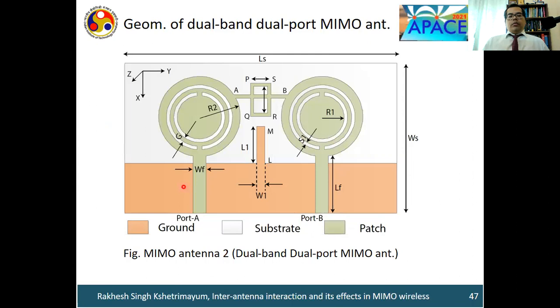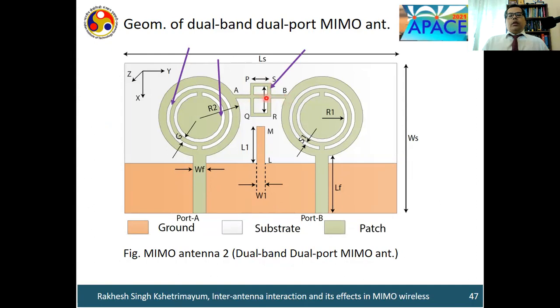So let us look at some of the antennas we have designed in our lab. This is a 2-port, 2-element MIMO antenna, and it works for 2 frequencies. That's why it is a dual-band, dual-port MIMO antenna. This antenna has 2 radiators, and look at this: they are connected with printed lines of this typical shape.